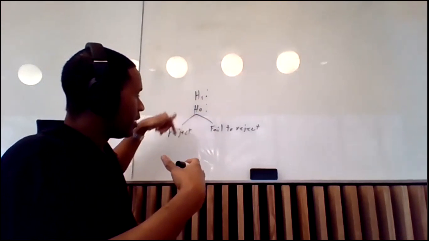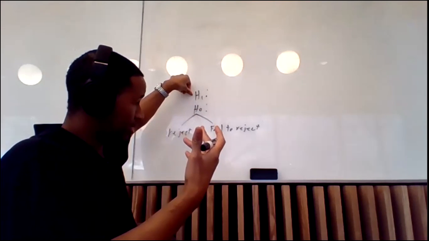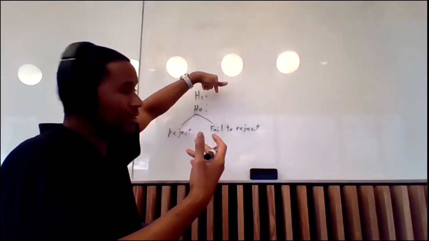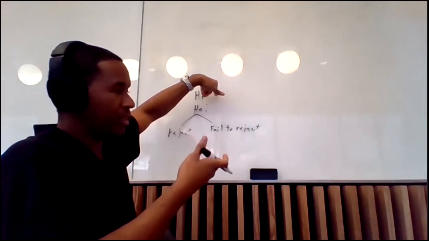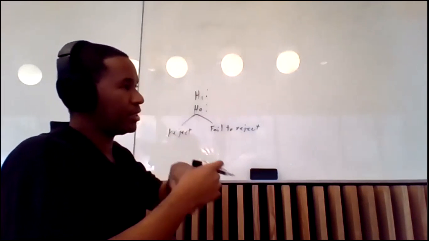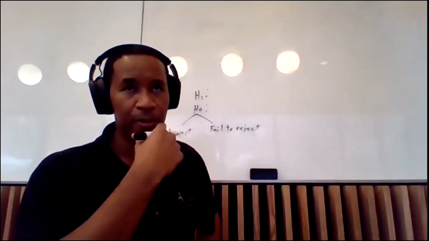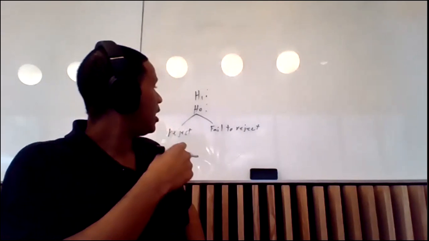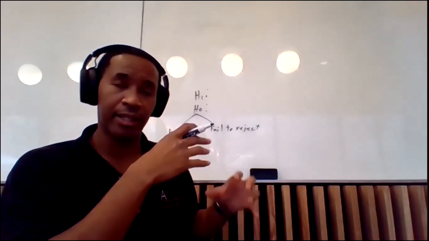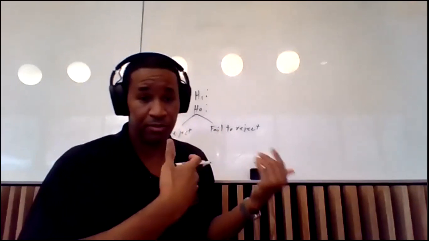You just state it, and this is the opposite. Now, if you reject the null, you'll have support for your research hypothesis. But if you fail to reject, it doesn't necessarily mean that your research hypothesis is inaccurate. It means you have no support for it.